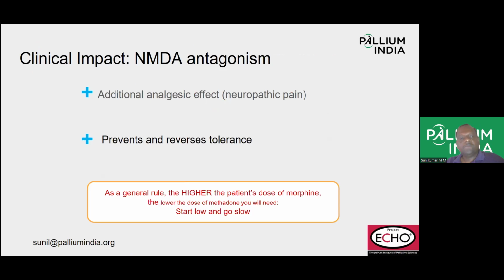Okay, so NMDA receptors are involved in the occurrence of tolerance. So when methadone was given, that was reversed, and that's the reason these patients got good pain relief. So methadone can actually prevent and reverse tolerance to opioids.